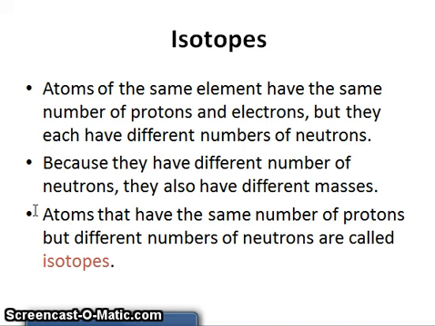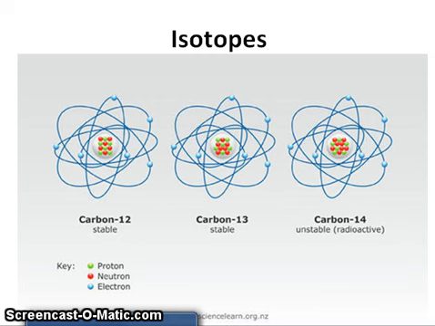Atoms that have the same number of protons but different numbers of neutrons are called isotopes. This will be our definition for isotopes. And the atoms have to be of the same element, of course. Here we have three examples of isotopes. We see the first one is a carbon-12 isotope. It's an isotope that is stable. It's the same case with carbon-13, which is also stable.